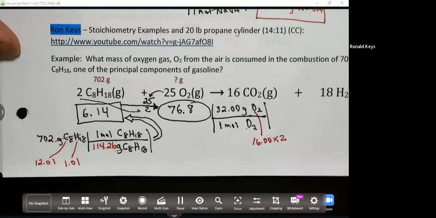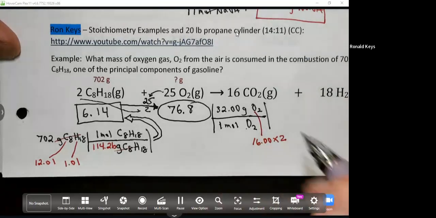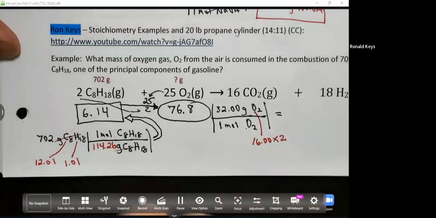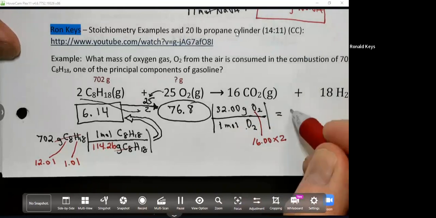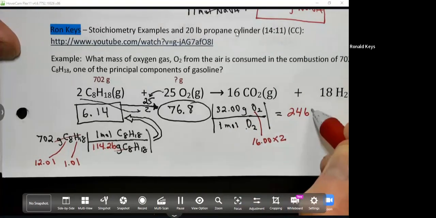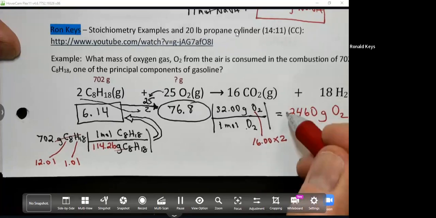With 3 sig figs, if you keep your numbers, I think you get about 2460 grams of O2.